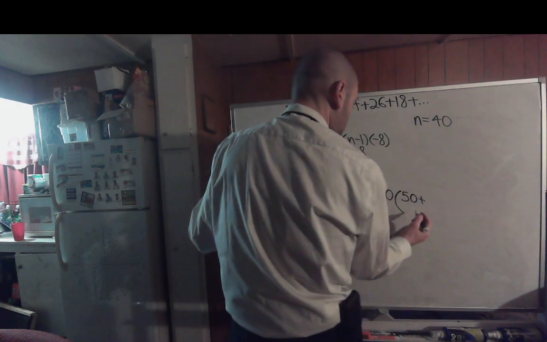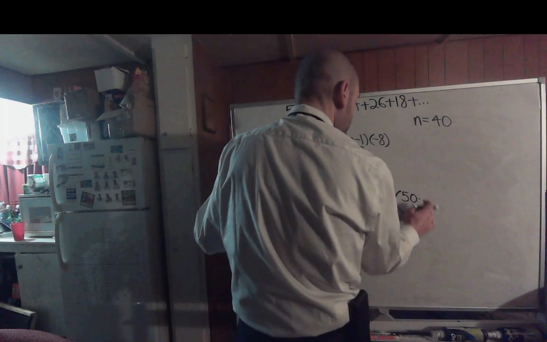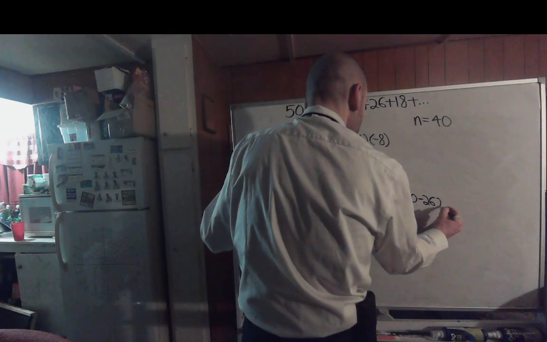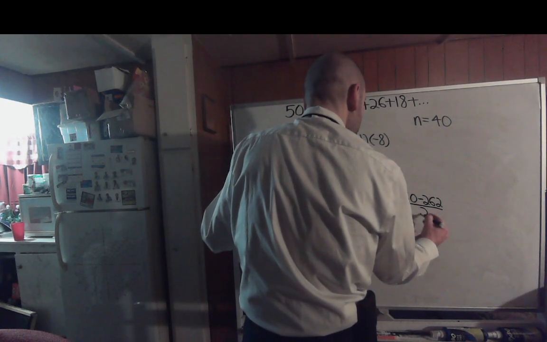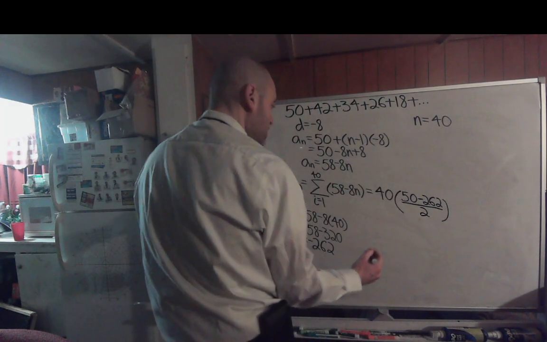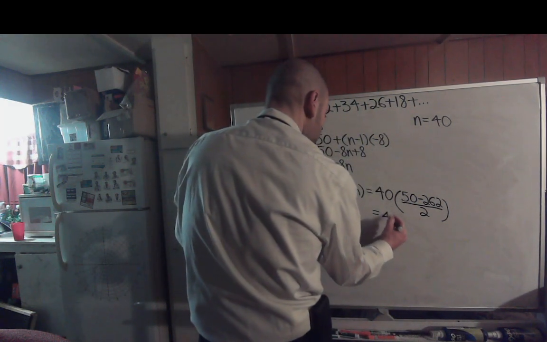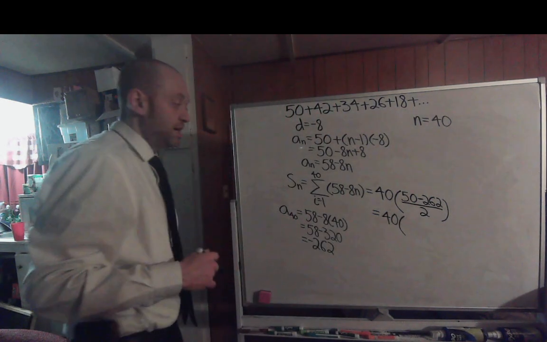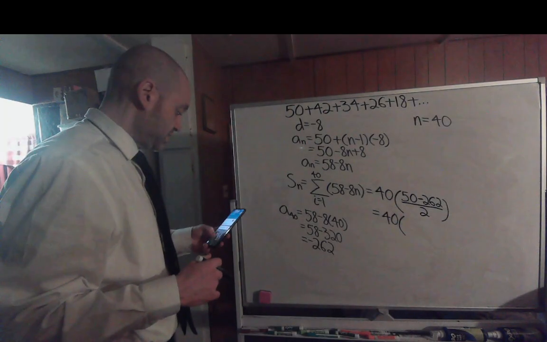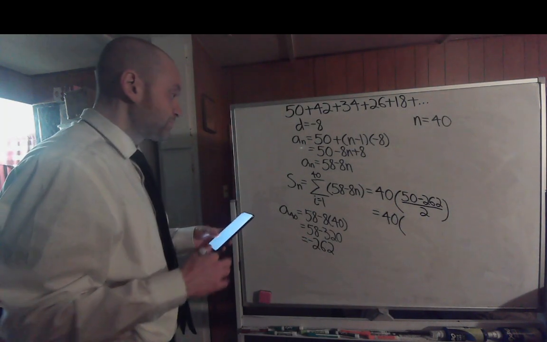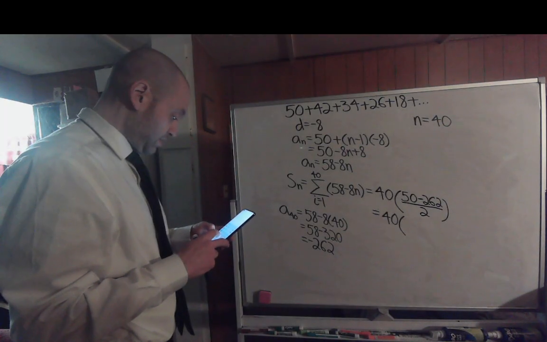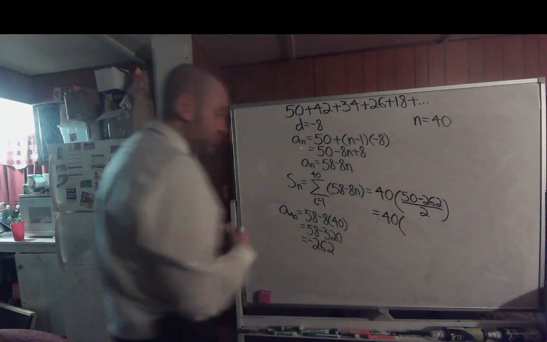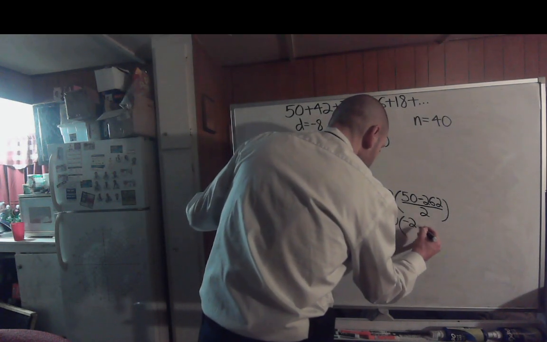So this will be 40 times the quantity of 50 minus 262, divided by 2. Now let's figure out what 50 minus 262 is. That'd be negative 212 divided by 2.